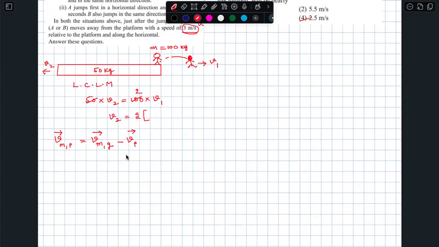They have given this as U, for example. This is plus V1, minus the velocity of the platform, backwards, minus V2. So wherever I have V1, I can write U minus V2. Therefore, V2 is 2 times (U minus V2).